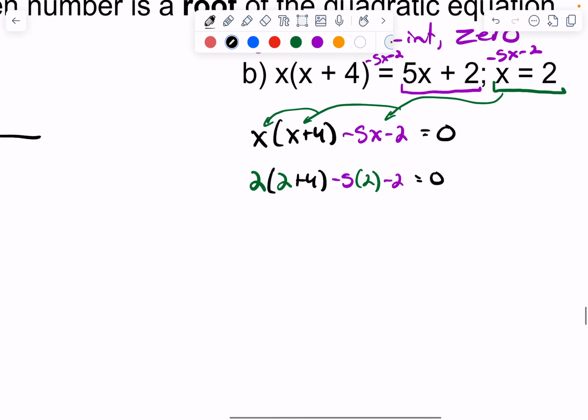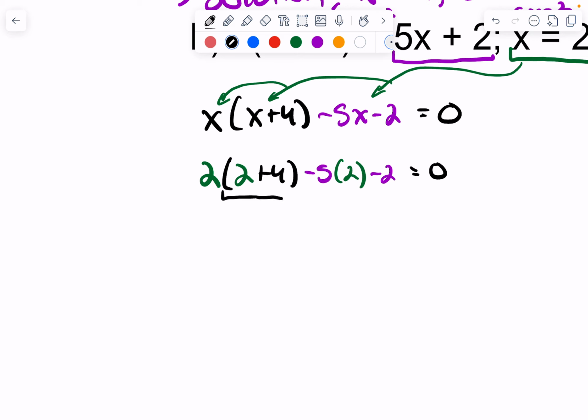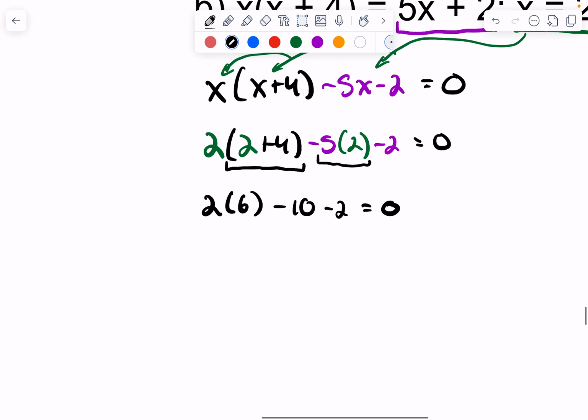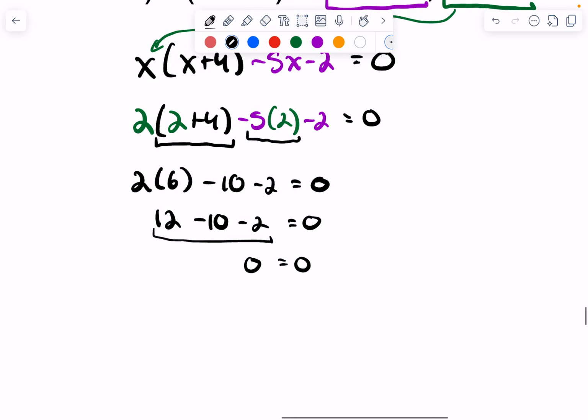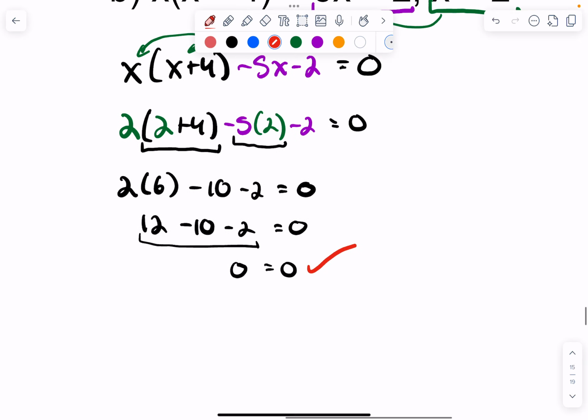So simplify this first bracket right here. So that would be 2 times 6. Simplify this. -5 times 2 is minus 10, minus 2. This is 12 minus 10 minus 2. And all of this, 12 take away 10 take away 2, is 0. So 0 equals 0. Yes, that is a solution.